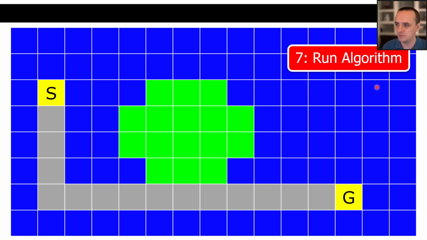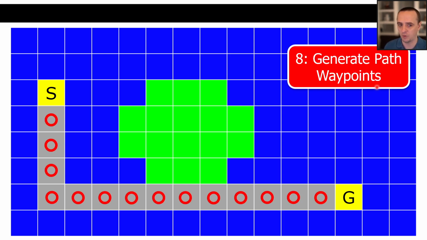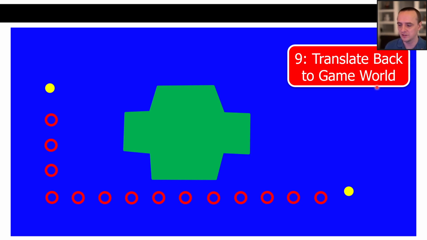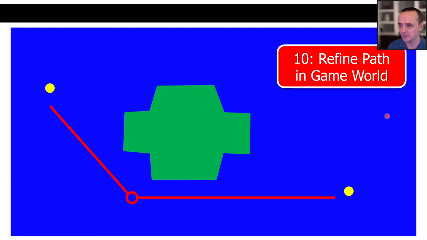Then, from that algorithmic path, I'm going to generate path waypoints in the grid cell space. Then, I'm going to translate those waypoints back into the real game world coordinates. Okay? Then, based on what we saw last time, I'm going to refine the path in the game world so that it's a little bit nicer to work with, right?